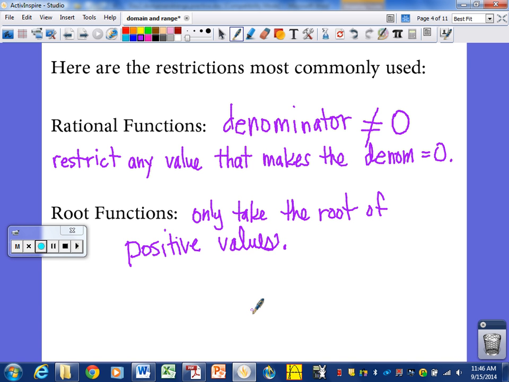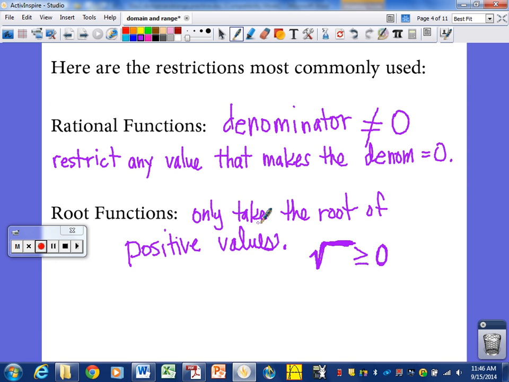When, of course, we talked about when we solve quadratics, you're going to get an imaginary number out. So if we're putting a real number in and getting an imaginary number out, then that's not okay. That's not the closure property. So for all roots, the radicand has to be bigger than or equal to 0. Because we can't take the square root of a negative. We can, but it's not the same thing as what we had.